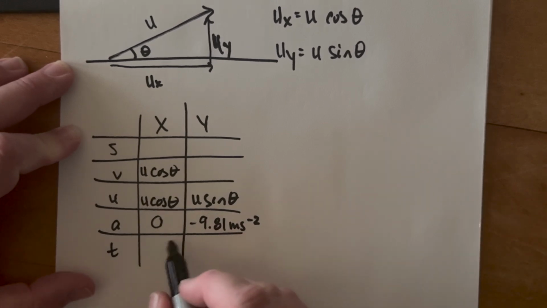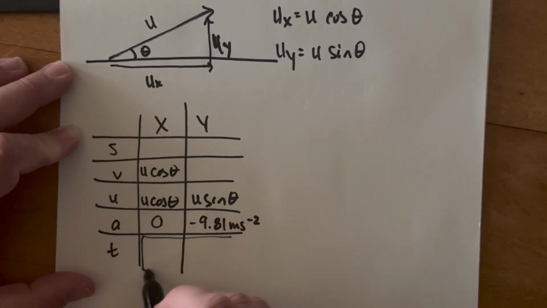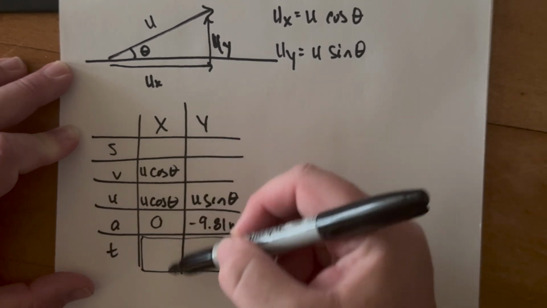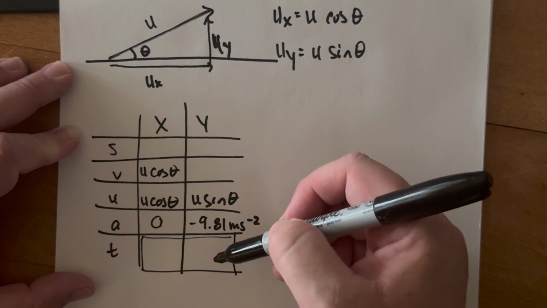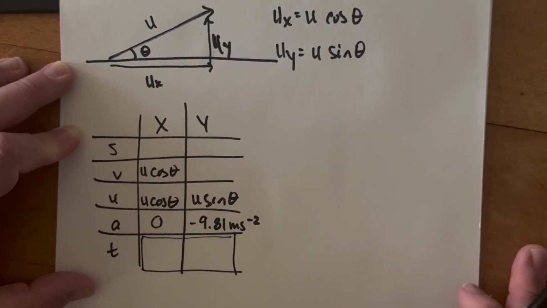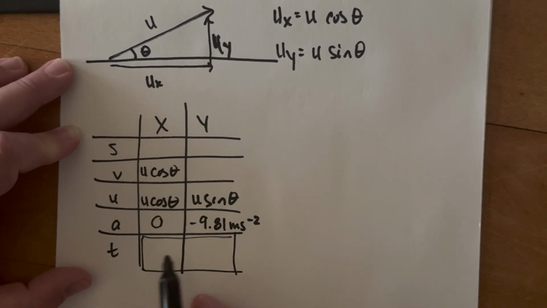The other thing we still know is that we have our bridge in our time. Sometimes we have enough information in one of these directions to solve for time, and we can put it in there and solve it like we did when we were looking at a ball that's kicked off with no vertical velocity. Sometimes it gets a little bit messier. But we have to keep in mind that these times are the same, and so we can use that to drive whatever process we need to take.